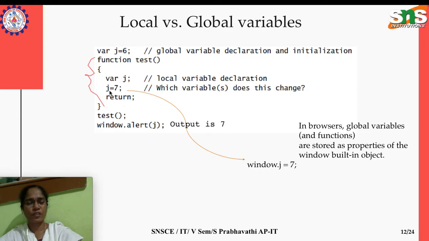So to change the global variable in this block of statements, if we want to access the global variable and update its value, instead of straight away writing j equal to 7, we need to depend on the object: window.j is equal to 7. Now this j will refer to the global variable, not the local variable. The global variable value gets changed, and if we call this, the output is changed to 7.